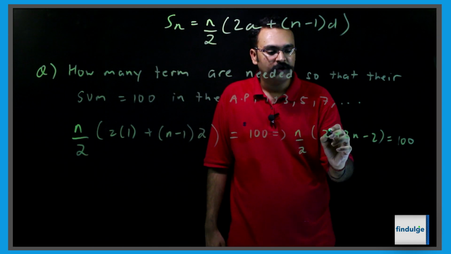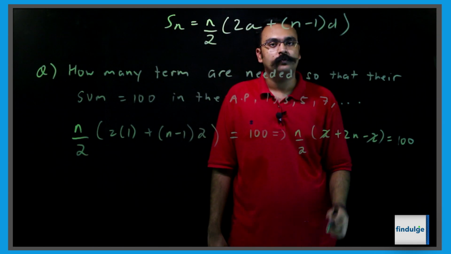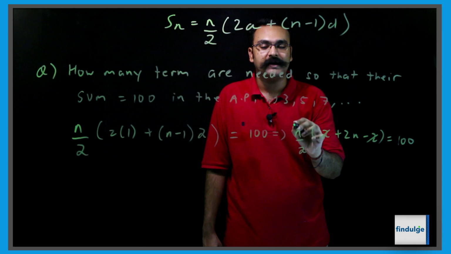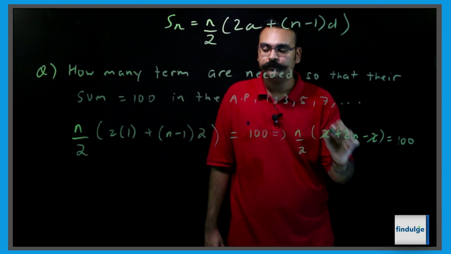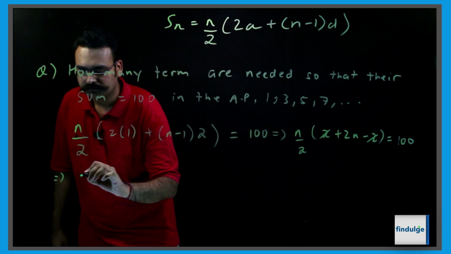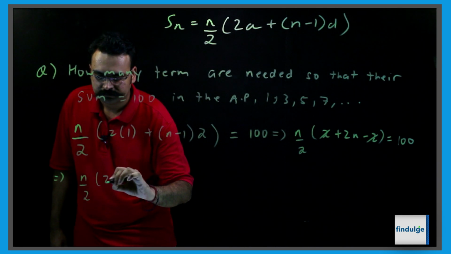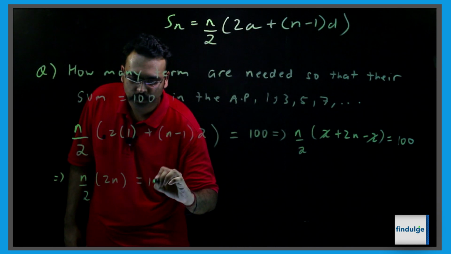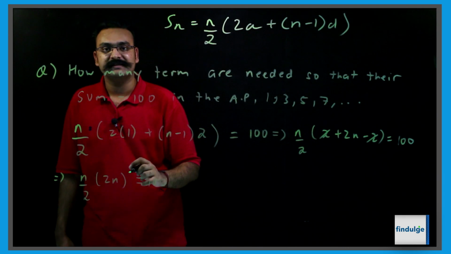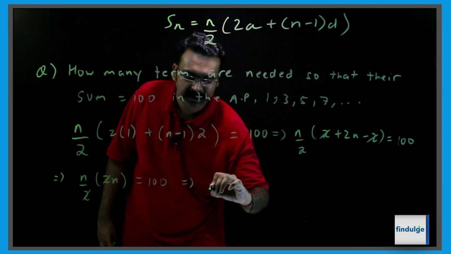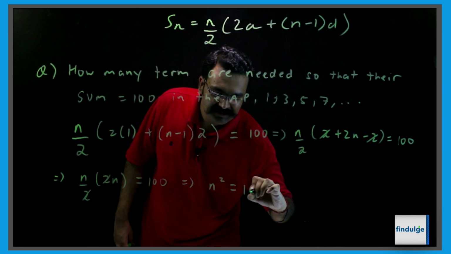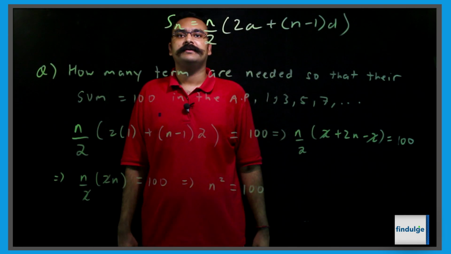We can see 2 minus 2 will become 0. This will simply become n by 2 into 2n, and that is equal to 100. So we can see I can cancel 2 and 2 and I am left with n square is equal to 100.